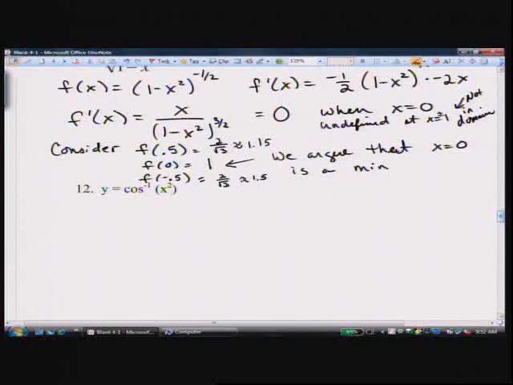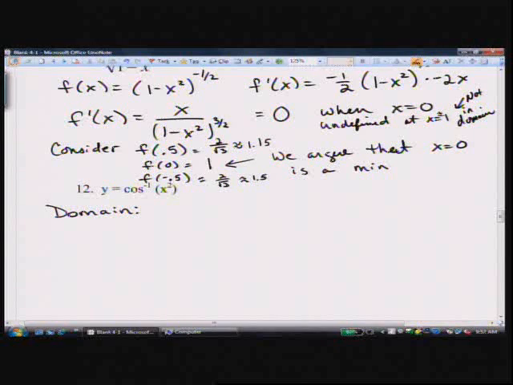Okay, let's look at number 12. What is the domain of the inverse cosine? Do you remember what the range of the cosine is? If you do, then you can tell me what the domain of the inverse cosine is.